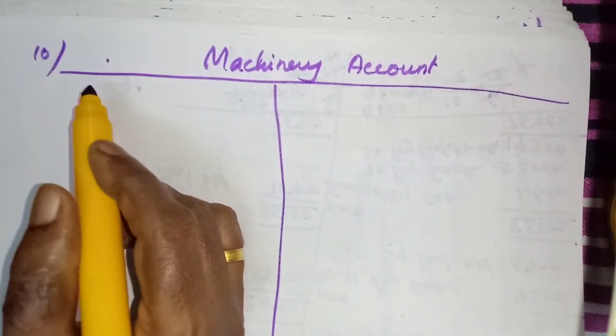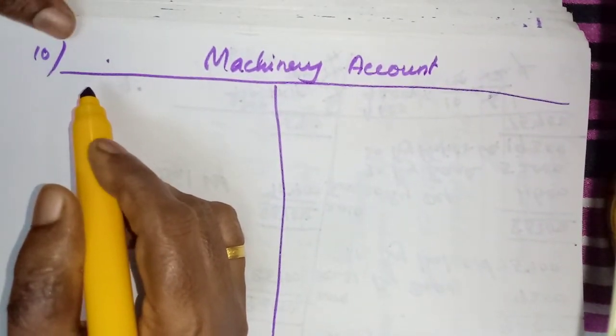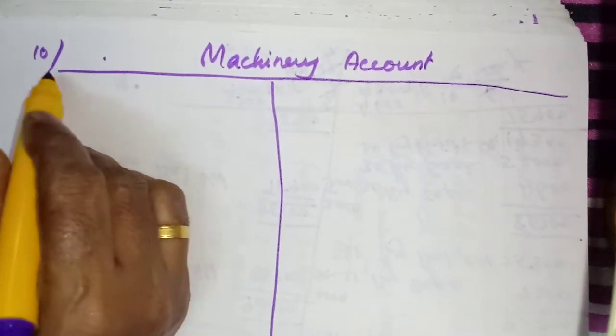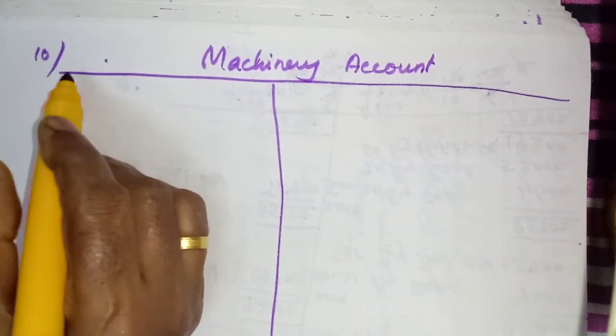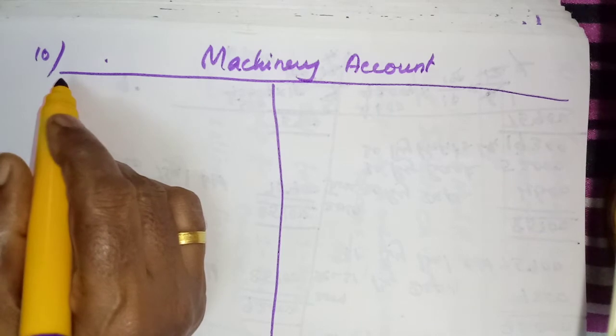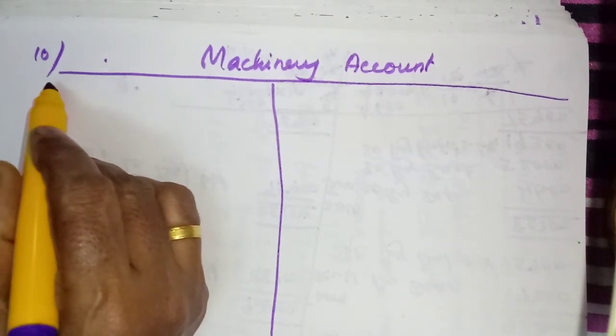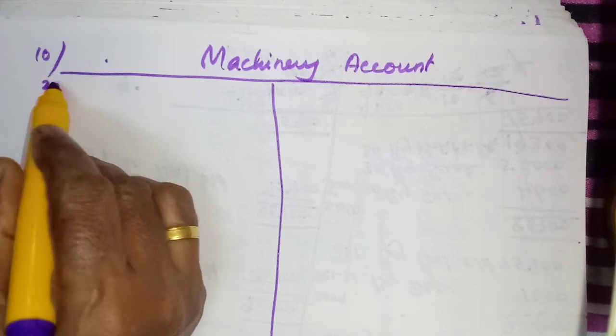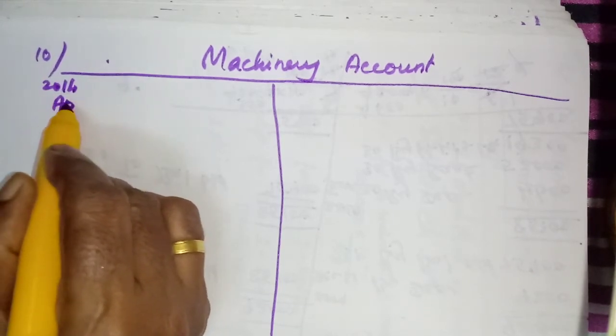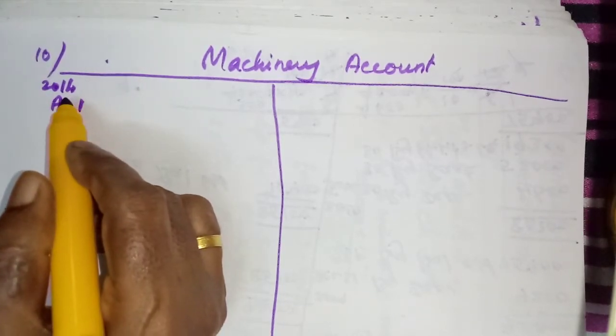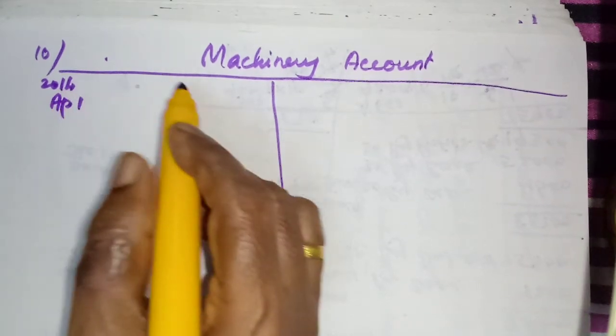Machinery account. Date when we are purchasing, 1st April 2014. April 1 we purchase for 2 lakh, isn't it?